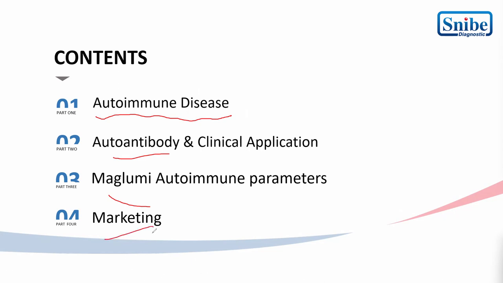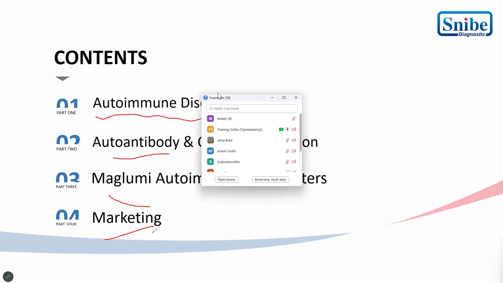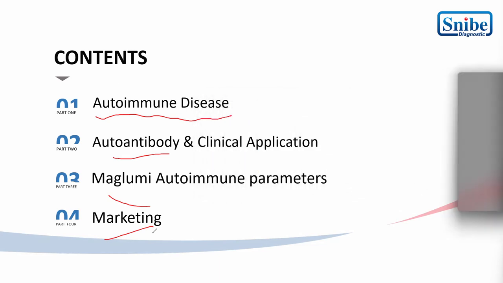In the last part, we will discuss the global prevalence of autoimmune diseases, the CAGR, the global market share, and the potential of the markets for the utilization of these autoimmune assays.